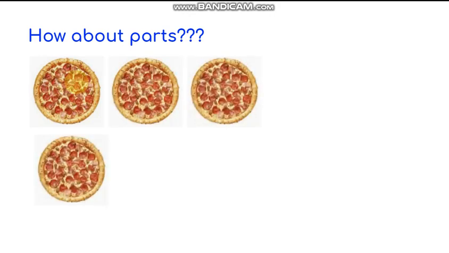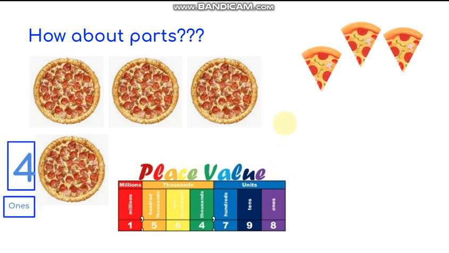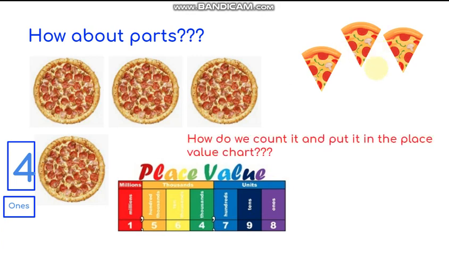So this is a whole pizza. In a place value, it will be located in the ones, so we can call it 4 ones. But if there are slices of pizza, parts of pizza, how do we count it? How do we put it in the place value chart? So the answer will be decimal places.